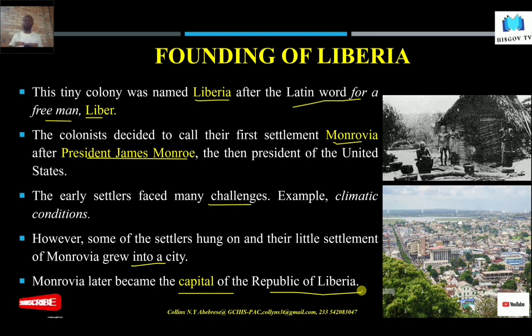So this picture you see right here is the capital of the Republic of Liberia, and that was the first settler colony that was formed or founded by Robert Finlay and the other freed slaves that were sent from the US.